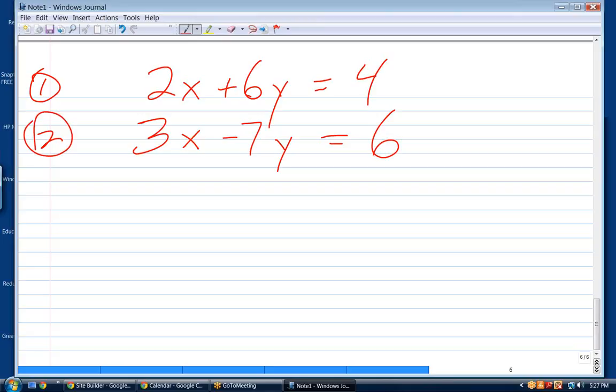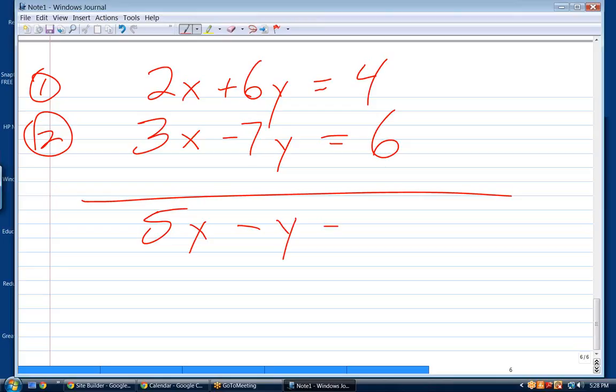Add them together. Well, what would you get if you added them together? 5x minus y equals 10. Problem is, we can't solve that.